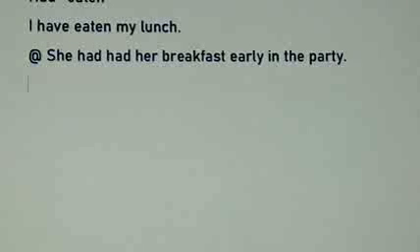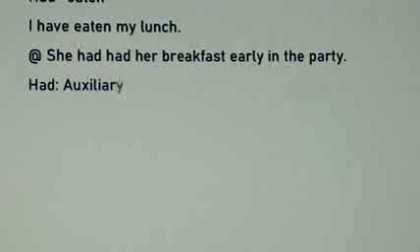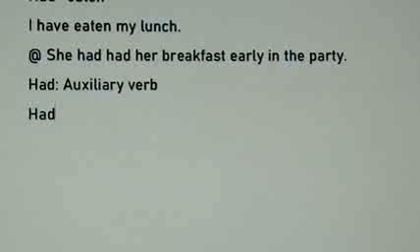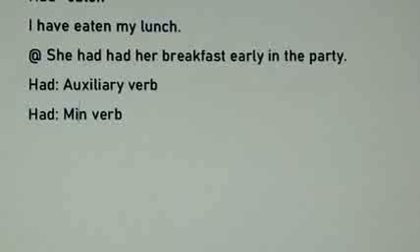Now let me write it over here. The first had is an auxiliary verb that I have already told you. It expresses tense, and the other had is a main verb, and its meaning over here is like eaten.